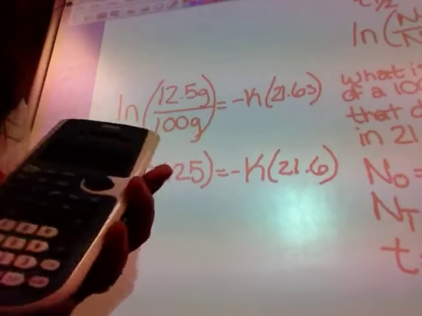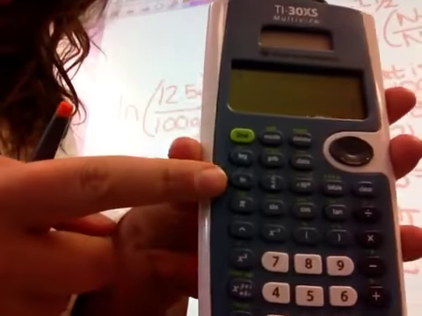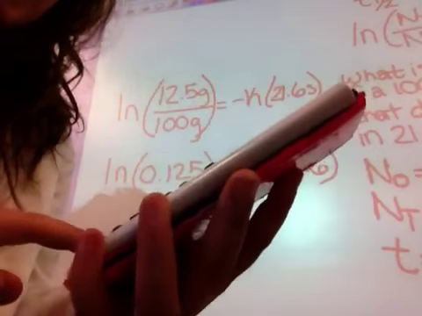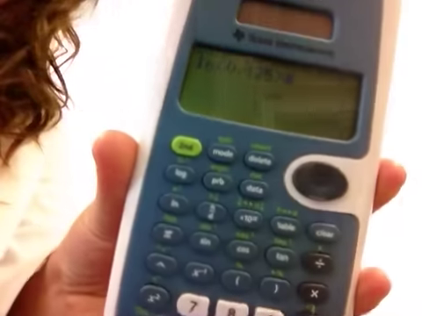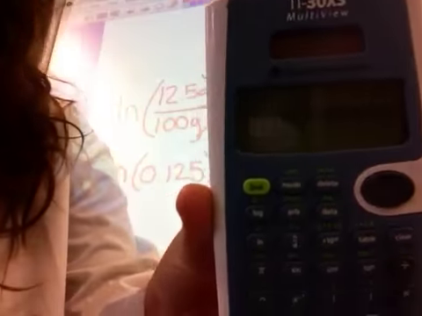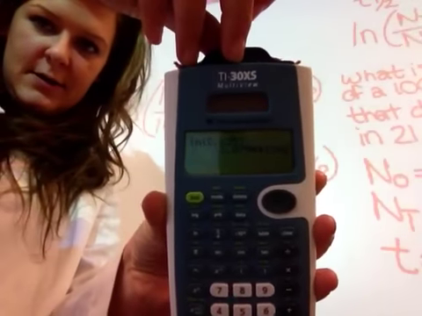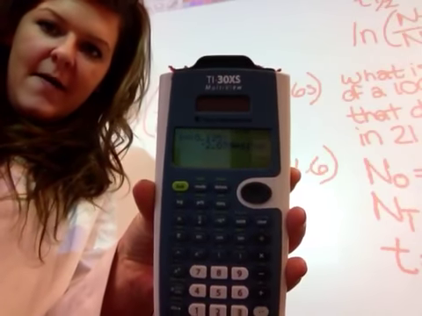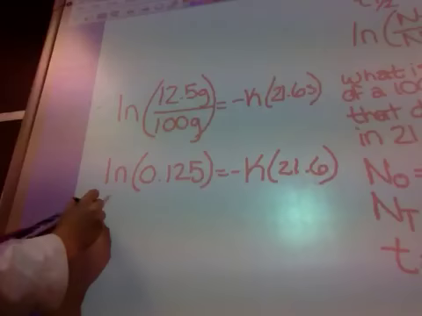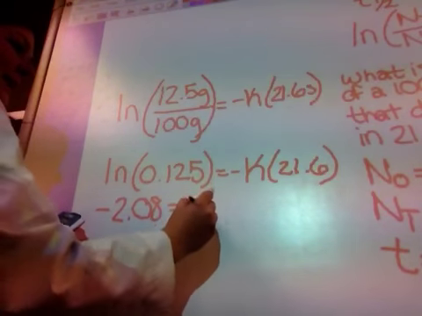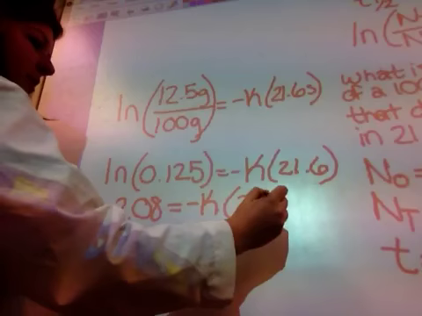Now I'm going to hit this LN button, and then write 0.125, and then close that parenthesis, and equal. And I'm going to get a negative 2.08. And that equals a negative K times 21.6.